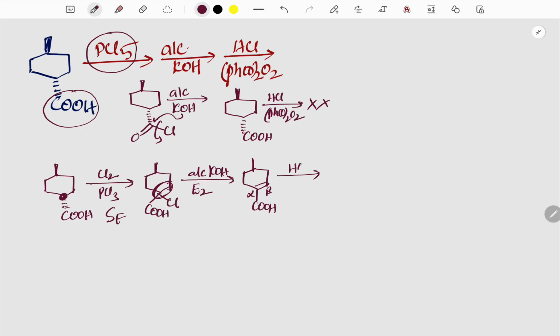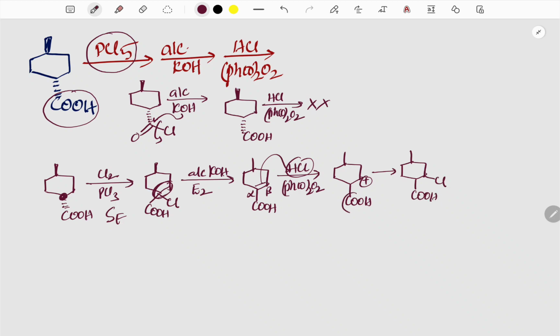Now it is treated with HCl and peroxide. We know that there is no effect of peroxide on HCl. It simply undergoes electrophilic addition. So the alkene reacts with H plus, forming a stable C plus, and finally it reacts with the corresponding Cl minus.